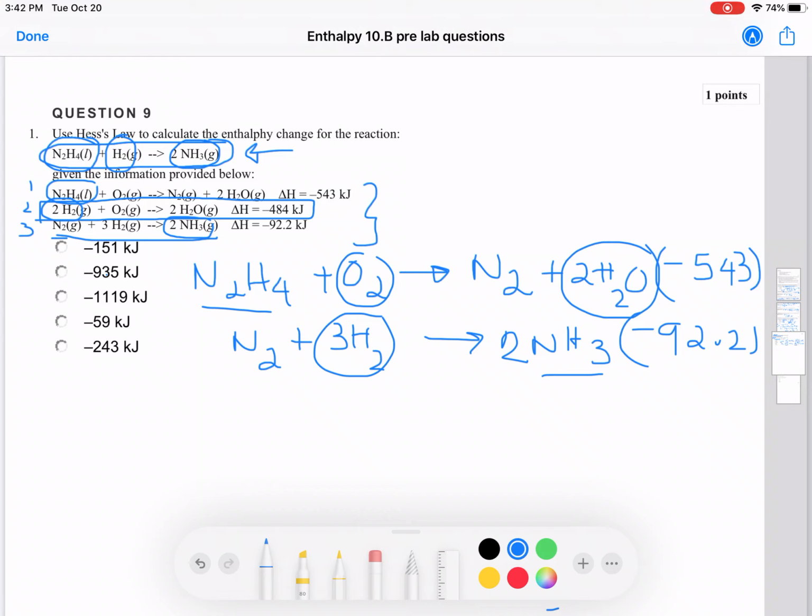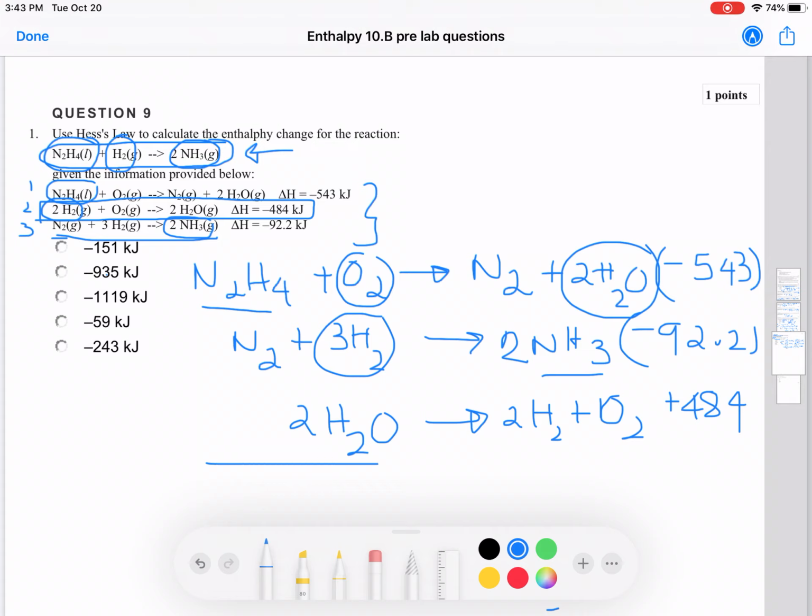That will give you 2 water; the product becomes a reactant, and then you have 2 hydrogen and 1 oxygen. When you reverse a reaction, the sign of the delta H needs to be reversed. So negative 484 will become positive 484.